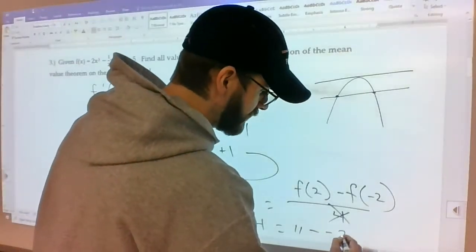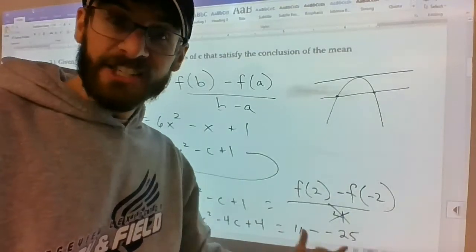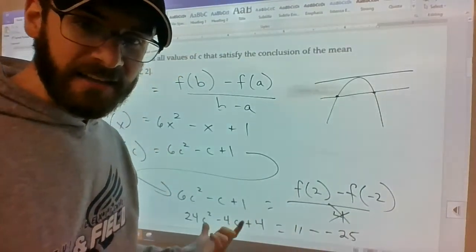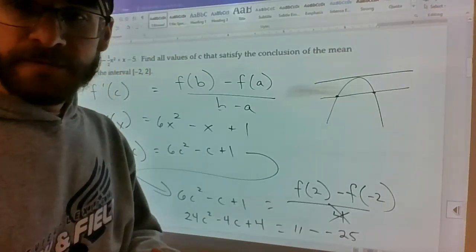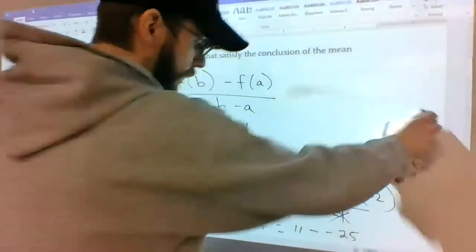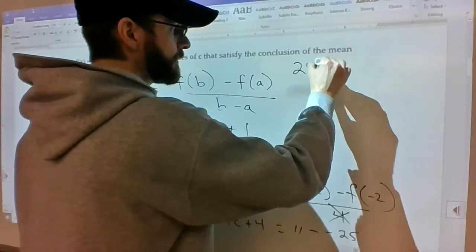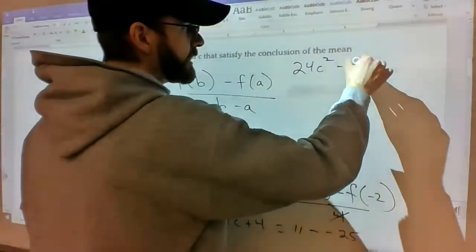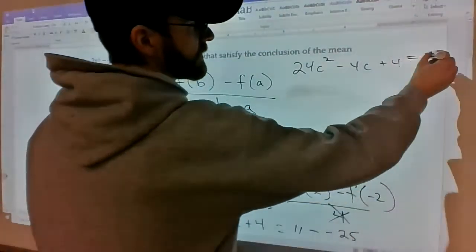Oh boy. Oh, shoot, I should have just kept the 4 on the bottom, because this is going to be 36. 36 divided by 4 is 9. I messed it up. It's okay. We can still continue. So in this space right here, I'm going to solve the equation 24c squared minus 4c plus 4 is equal to 36.